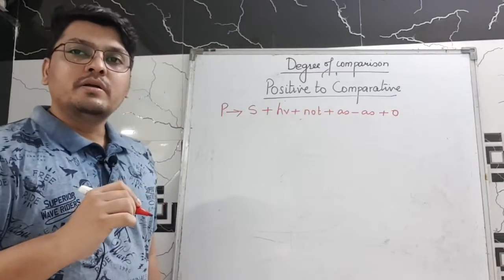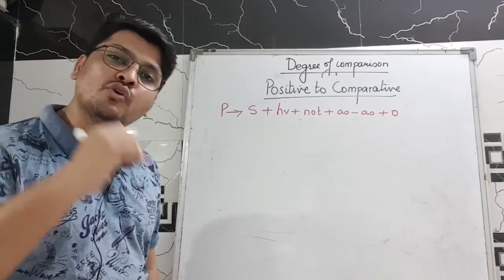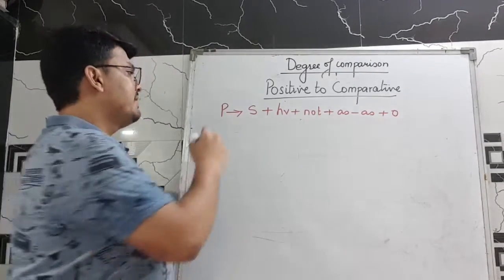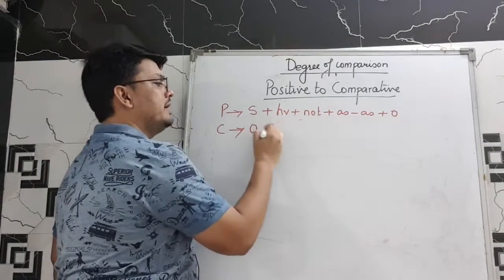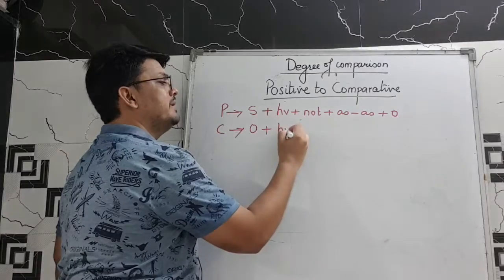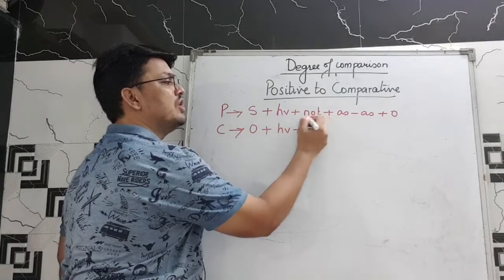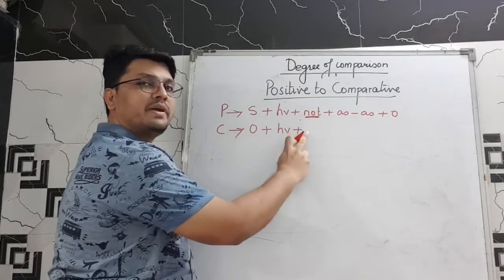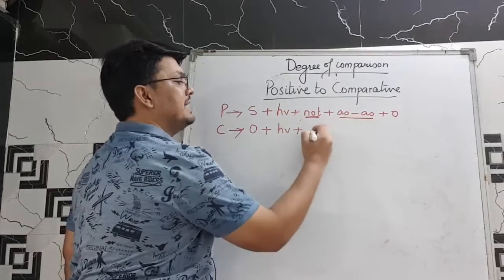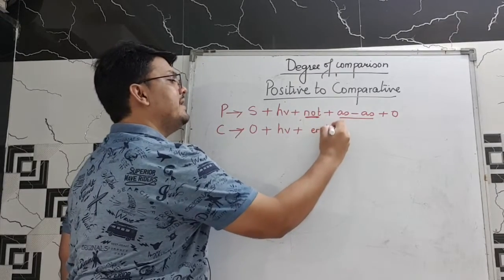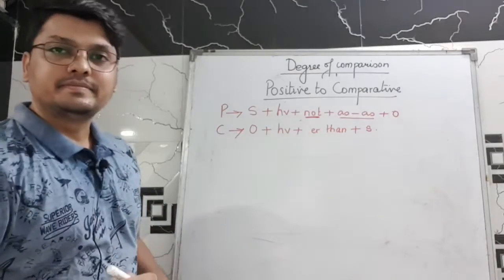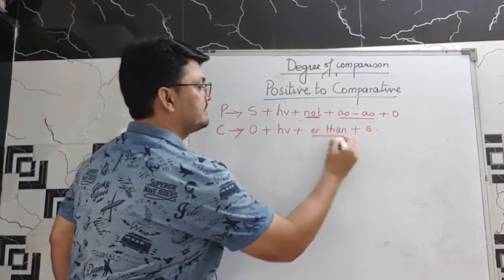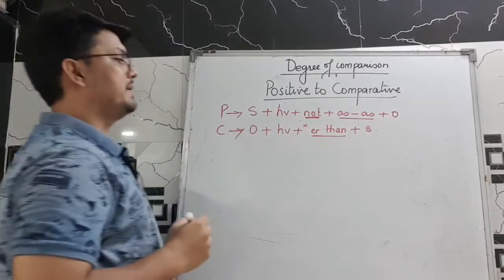So don't panic. Rule is the same. In comparative, object will come here plus helping verb. Now here we have used not, so we will not use not over here. As will turn into er than, and then subject will come here. This will not come here.